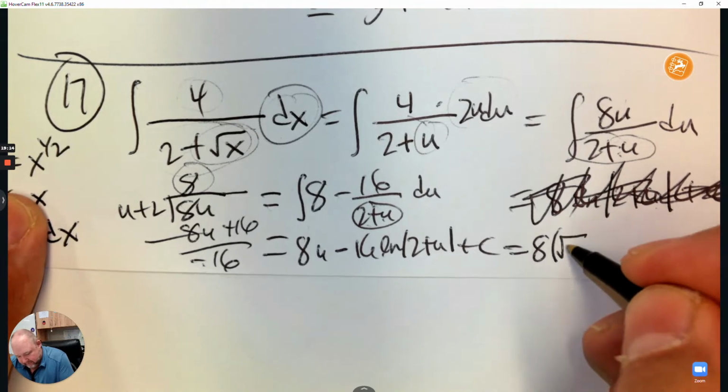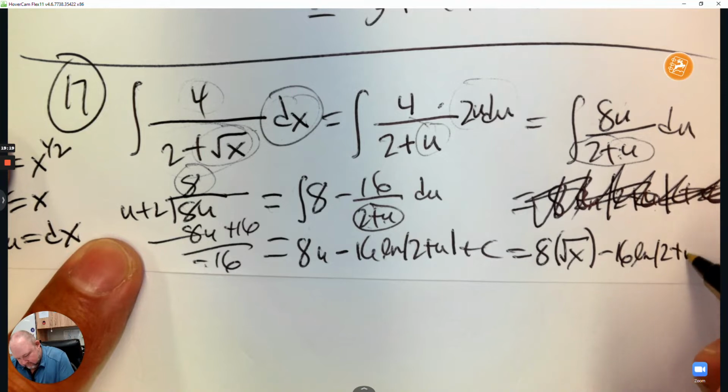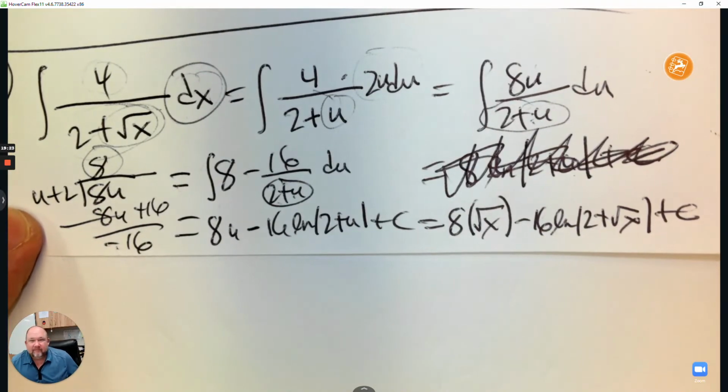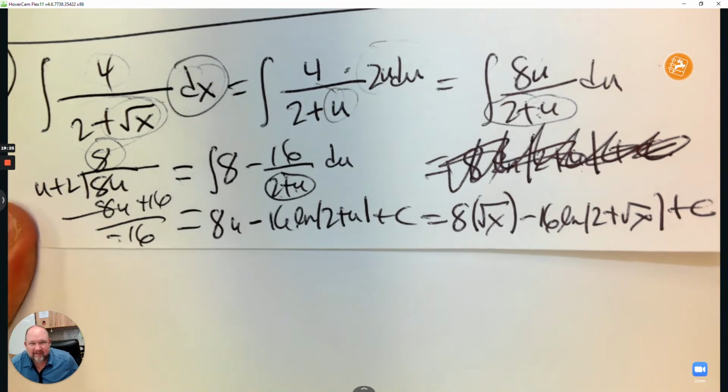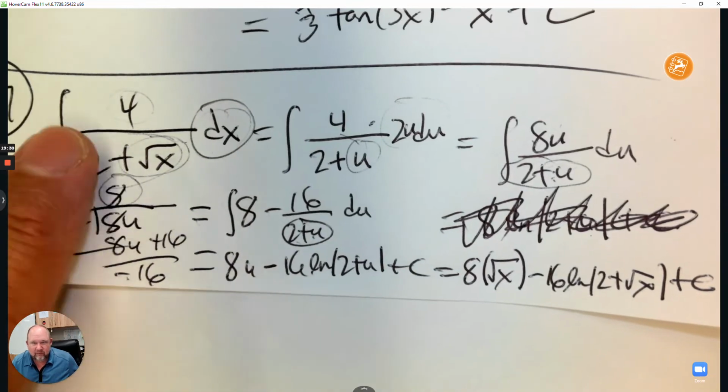So u is the square root of x. Man, it looks simple, right? You have to do u substitution, long division, all of that for something so sweet at the beginning.